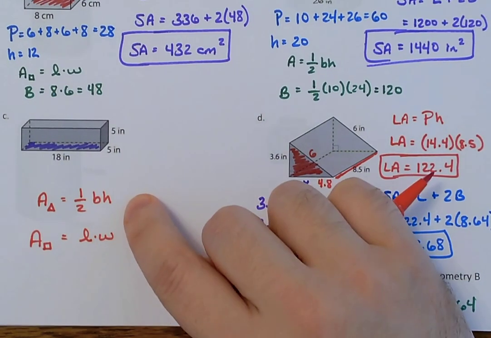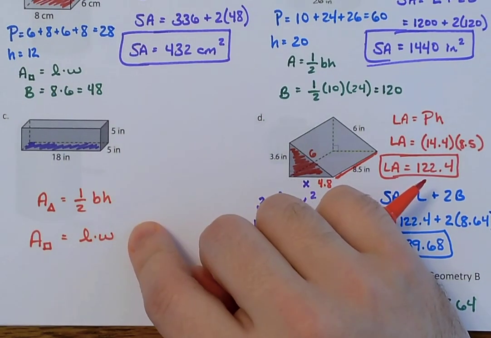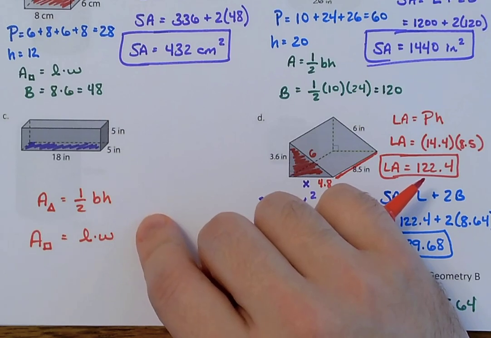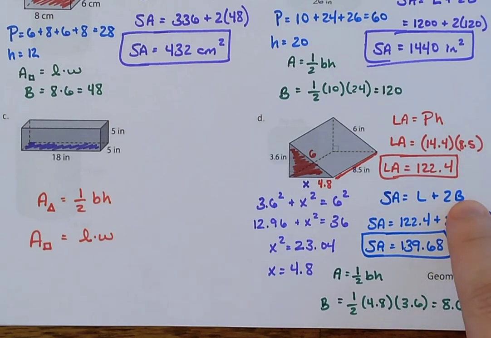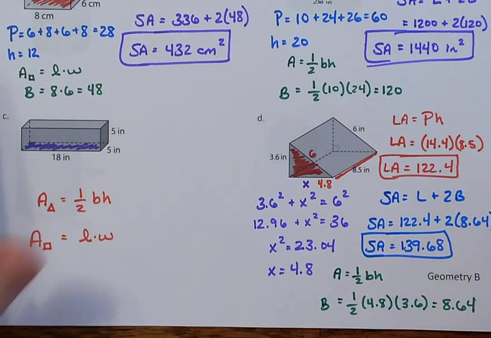You will need to know one of these two formulas for the area of your base. That's going to be that capital B in the surface area formula. That's going to tell you this part. All right, so that is how you find surface area and lateral area of prisms.